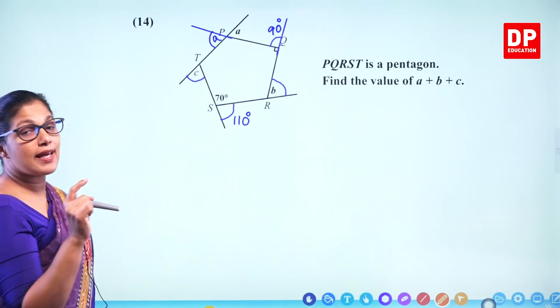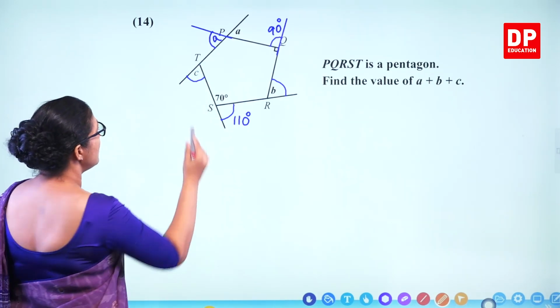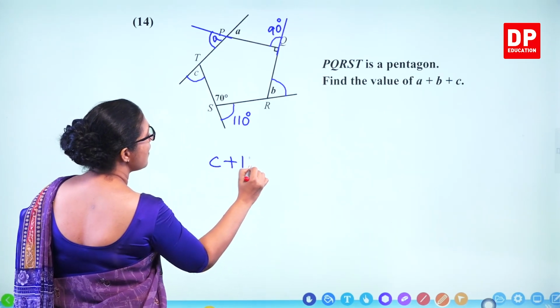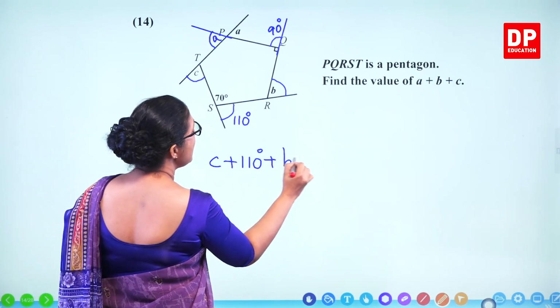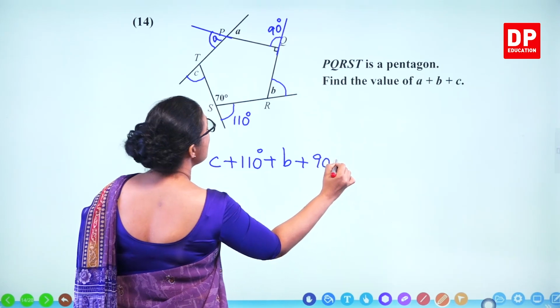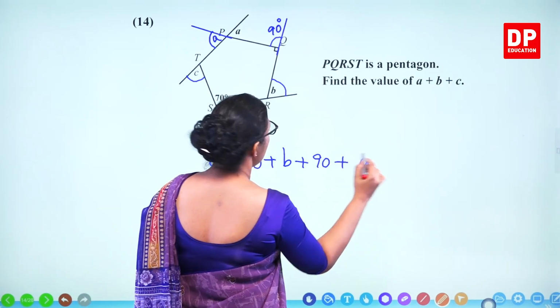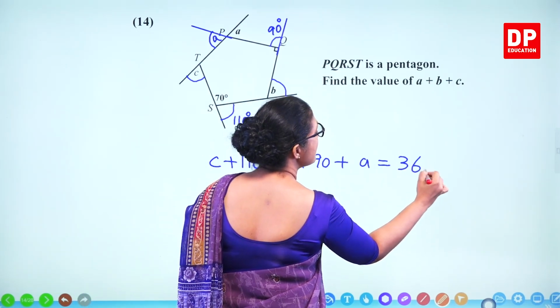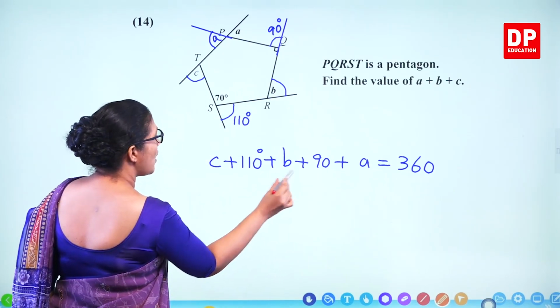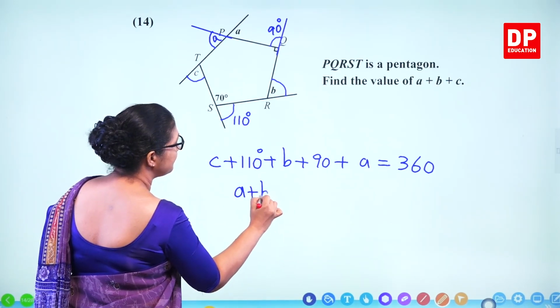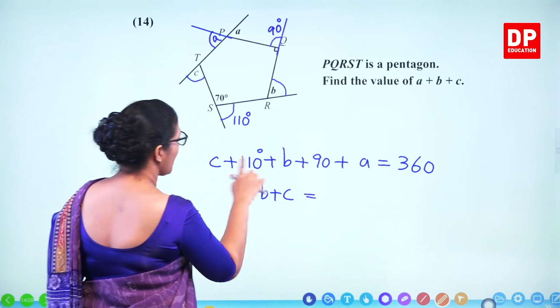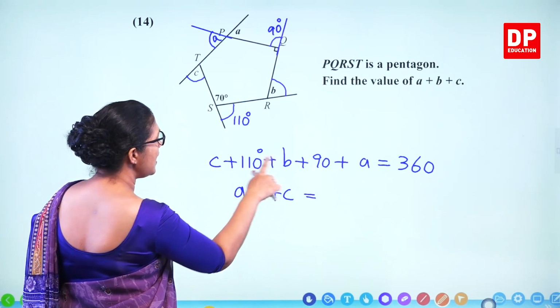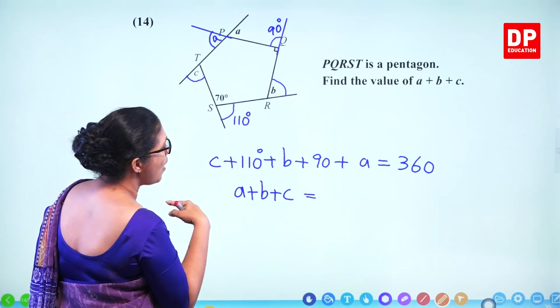So we can make an equation. C plus 110 plus B plus 90 plus A is 360. So what is A plus B plus C then? 110 plus 90, you get 200.